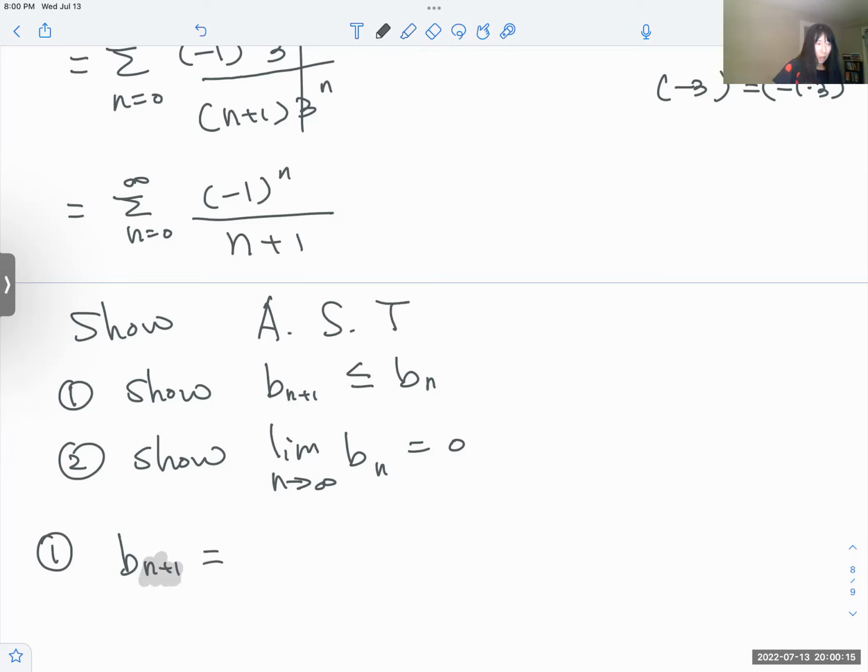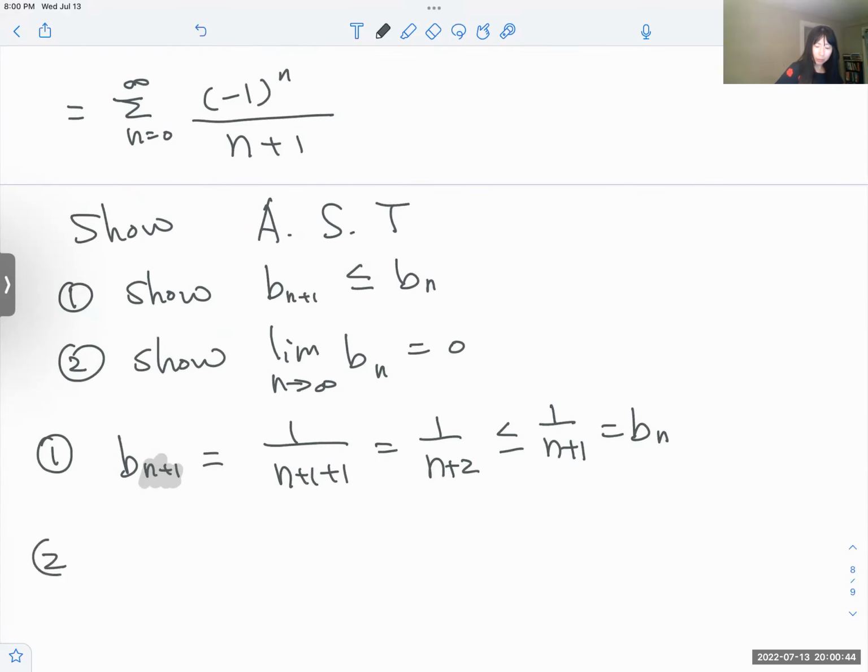So we will have 1 over n plus 2, which is less than or equal to 1 over n plus 1, equal to b sub n, right? That's true, right? Because the denominator is smaller in b sub n, right? Good.